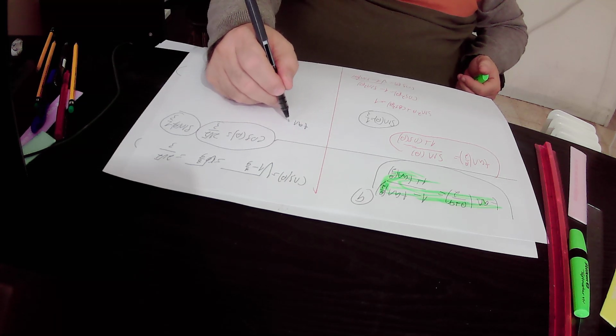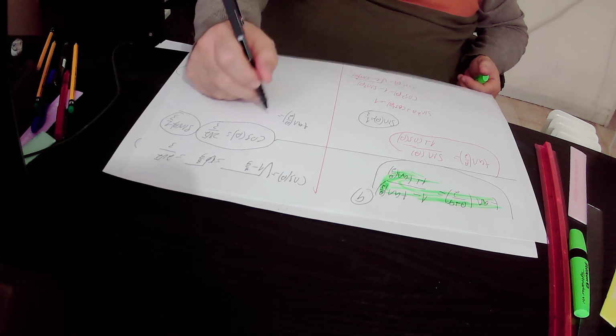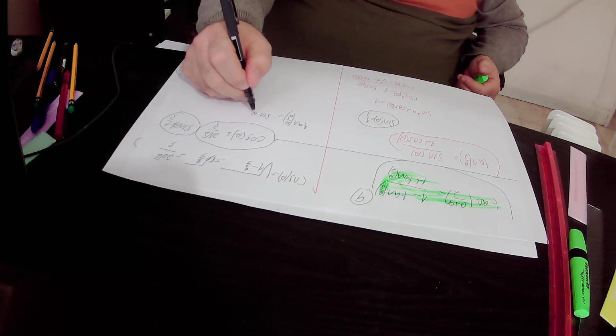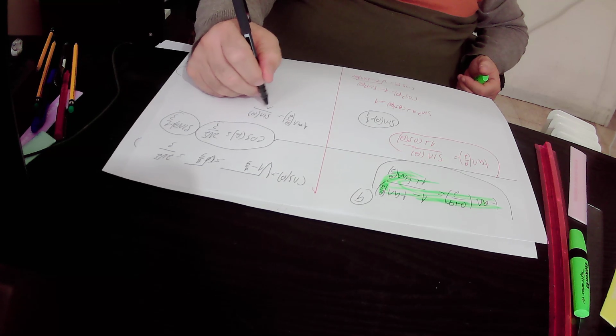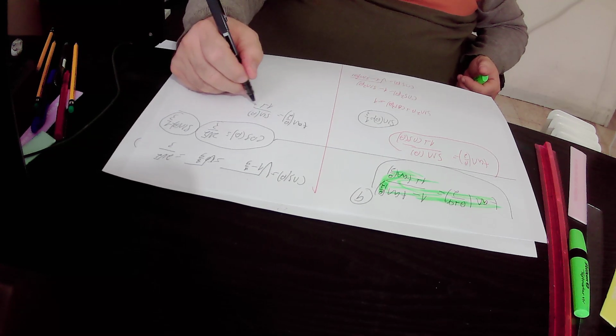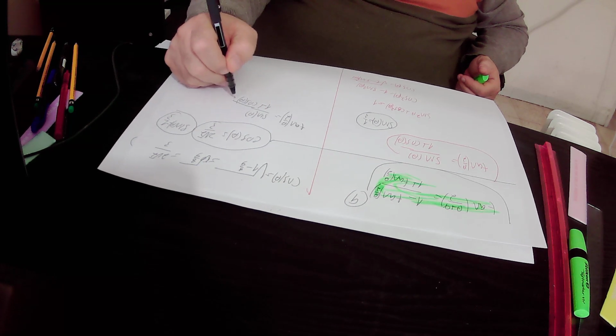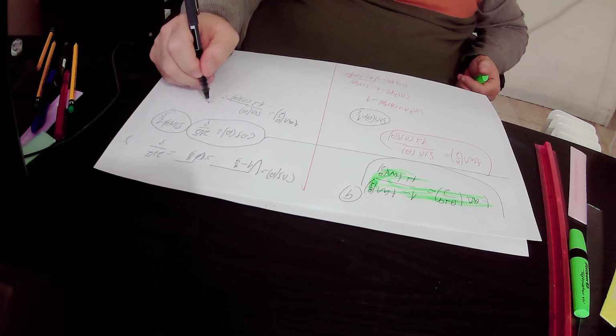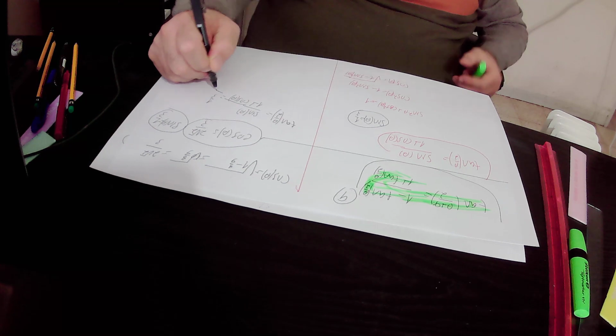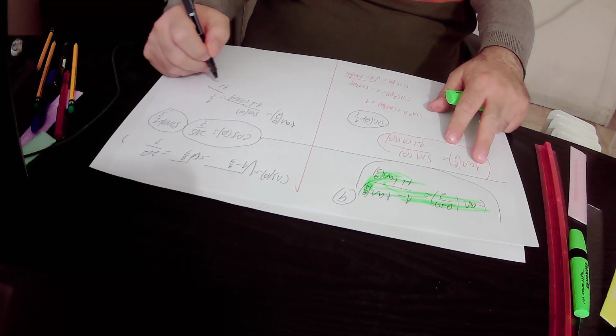According to the identity, tangent theta over 2 equals sine theta over 1 plus cosine theta, and we know that sine theta equals 1 over 3, over 1 plus cosine theta.